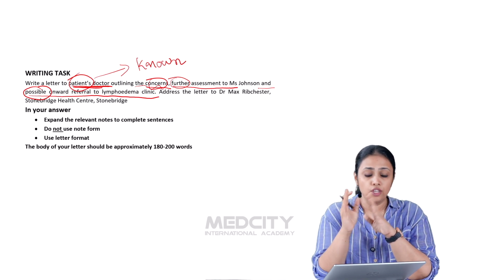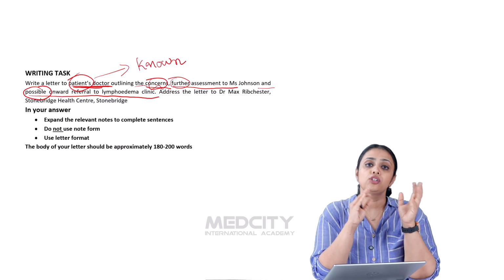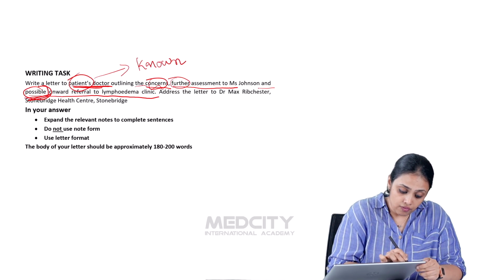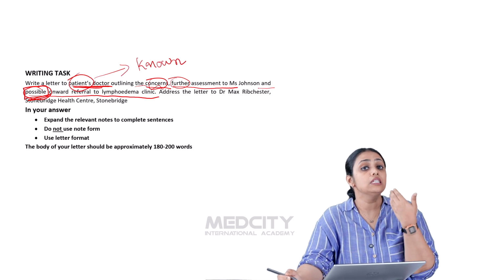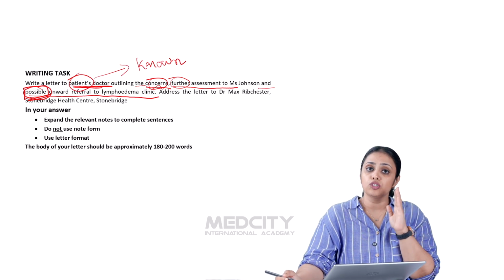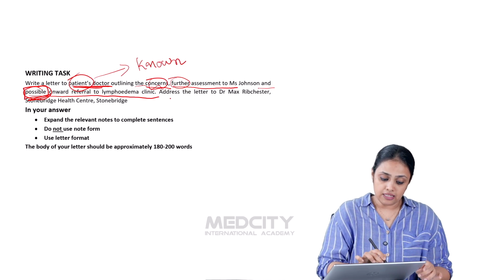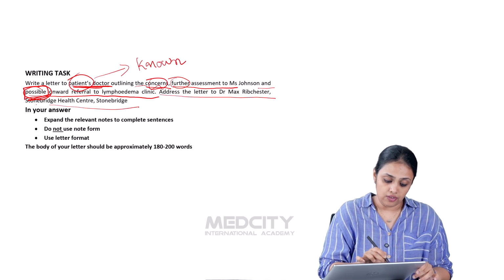You're not saying very certainly that the patient requires onward referral. Possible onward referral means that the doctor needs to assess the patient and it's up to the doctor to decide whether an onward referral is needed or not. And plus the address of the reader is also given.